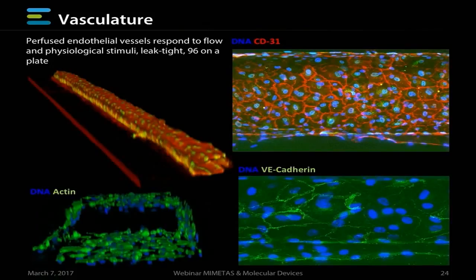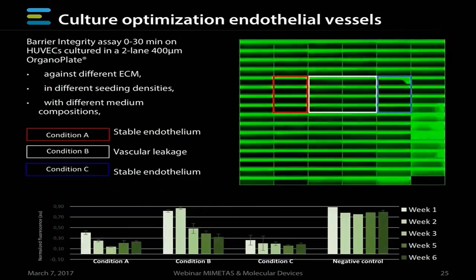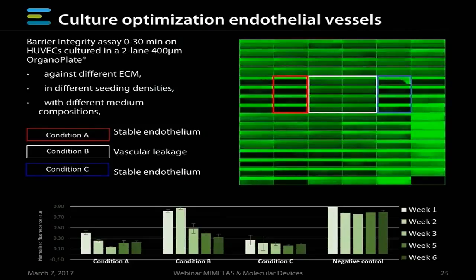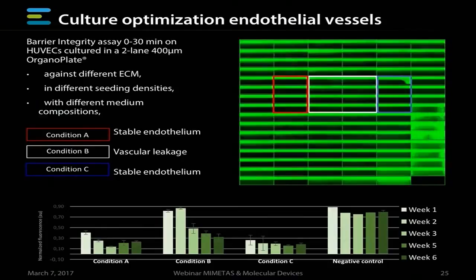And also here throughput applies. So this is an experiment where we used a range of different culture conditions, medium compositions, in order to assess their effect on the leak tightness of these endothelial tubules. So the tubules are grown against a range of different ECMs, seeded with a range of different seeding densities and with different medium compositions.